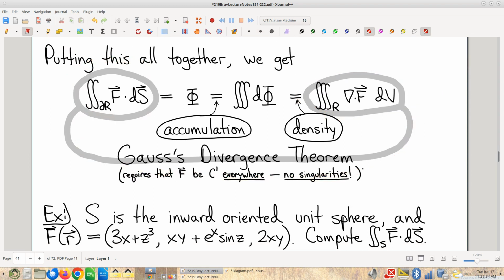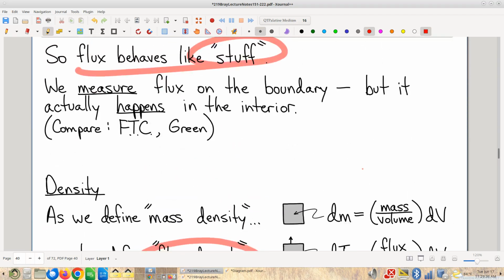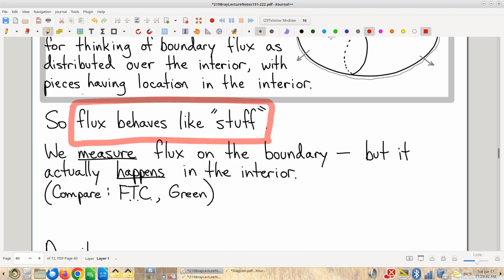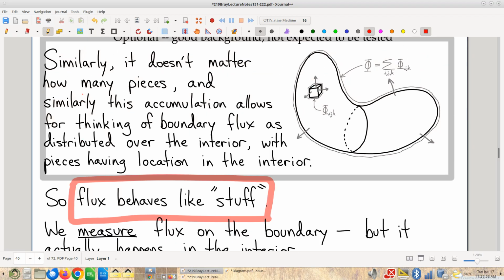Okay. Now, I do want to go back here real quick and talk about a couple of details. I want to recognize that this is a big ask, and I've appreciated in the past that it's a lot to ask, because flux is computed on the boundary. If you look for the formula, how do you write down flux?